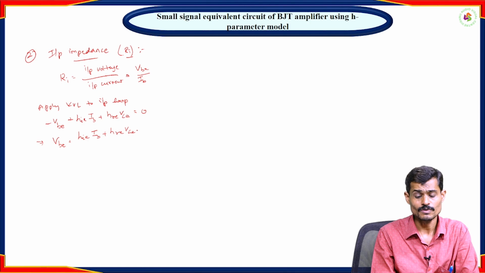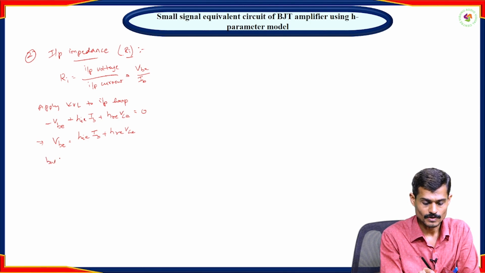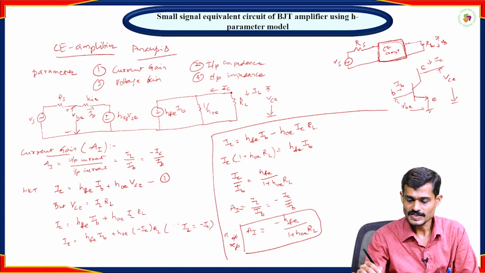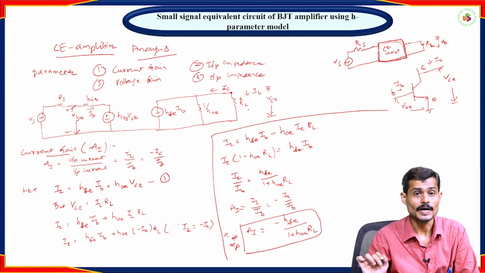But what is VCE? Can I write it as IL into RL? Because VCE is the voltage across RL. If the load current is IL and the resistance is RL, can I write VCE equals IL into RL? Yes.